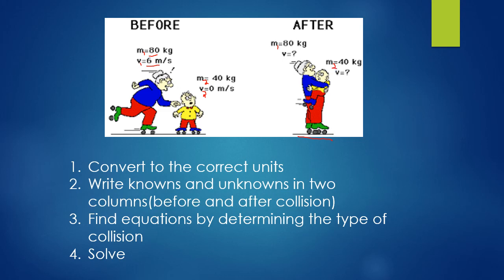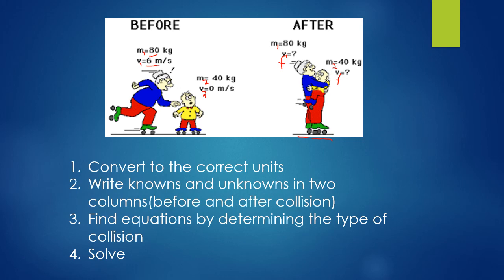So we add those masses together after the collision, and their velocities now are the same because they are now the same object going in one direction. Excuse my sloppy writing here, but this is our VF that we're trying to solve for. So pretend those are F's.